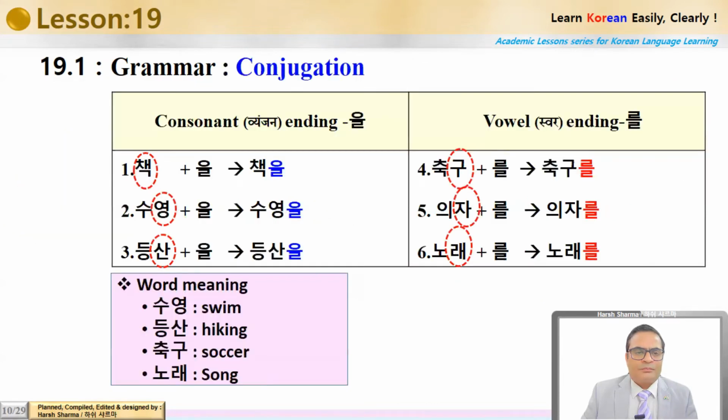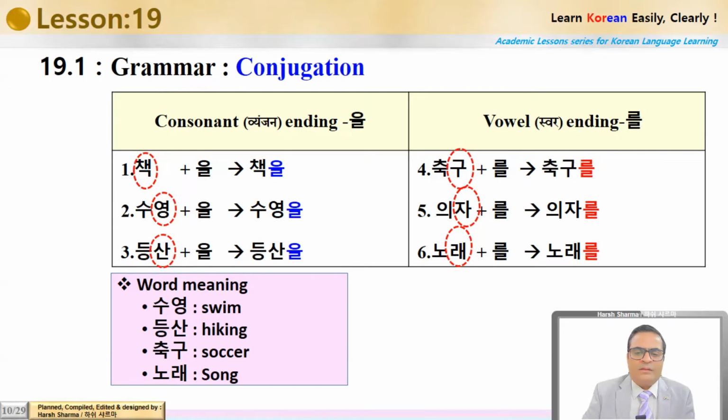Next, let's check the conjugation rule in more detail. See the first column, consonant ending. We have to add ul. Number one, chaek plus ul, chaegeul. Number two, suyeong plus ul, suyeongeul.